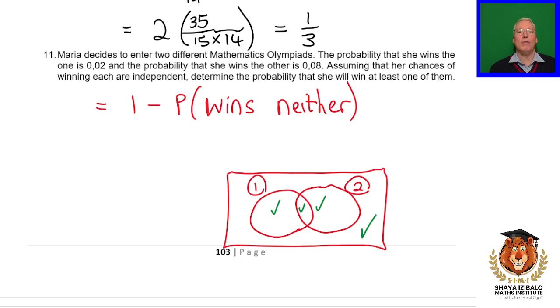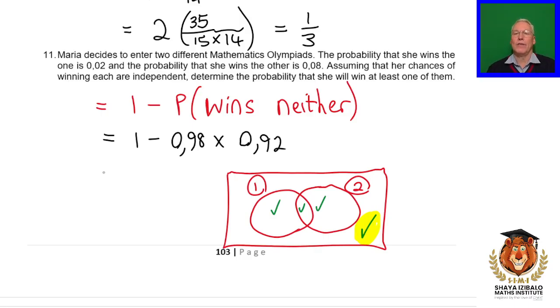So let's work out the probability that she doesn't win either of them, and then subtract that from 1. So the answer is in fact going to be 1 minus. Now the probability that she doesn't win the first one is 98%, and the probability that she doesn't win the second one is 92%.